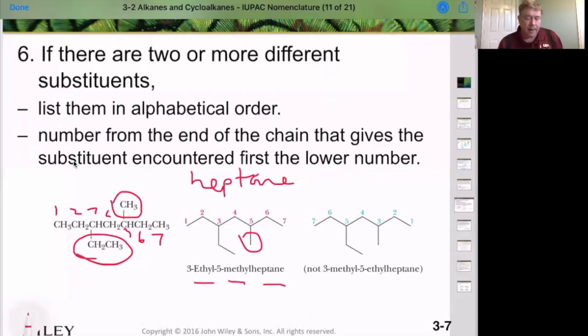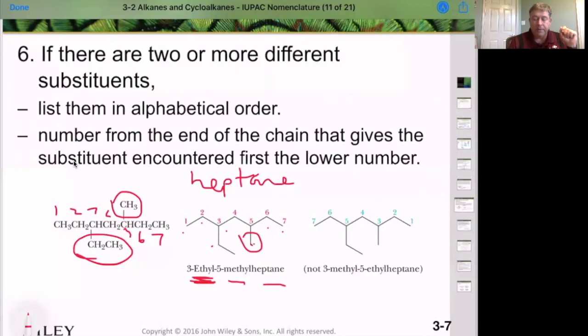Okay, so now we need to figure out the lowest number, okay? The number from the end of the chain that gives the substituent encountered first the lower number. So because we are 1, 2, 3, 1, 2, 3, one of these is going to be 3 and one of these is going to be 5.